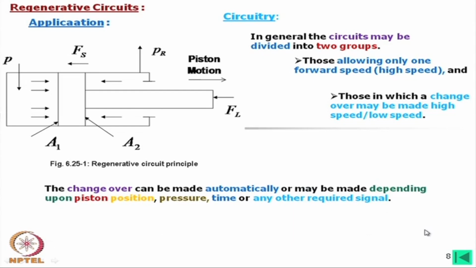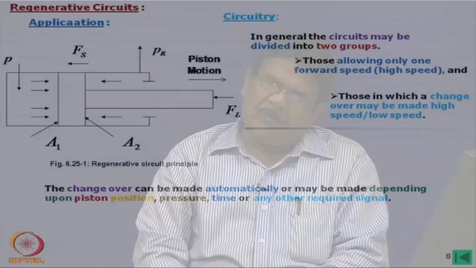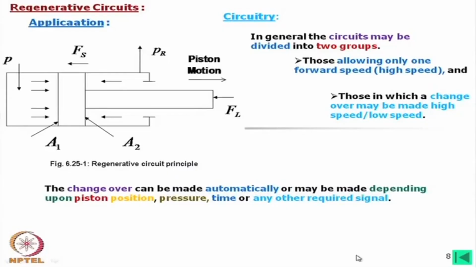The changeover can be made automatically, depending upon the piston position, pressure, time or any other required signals, or it might be manual, automatic or semi-automatic. Many things are possible with the application of other controls, maybe hydraulic, maybe pneumatic, may even be electronic. Various circuits are explained in the next slides.